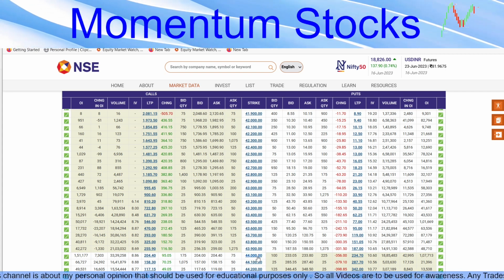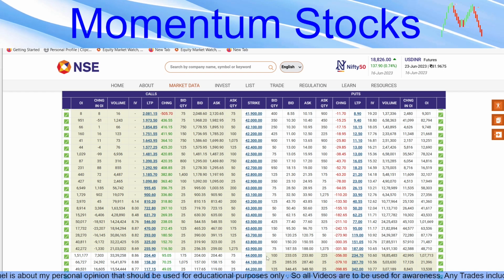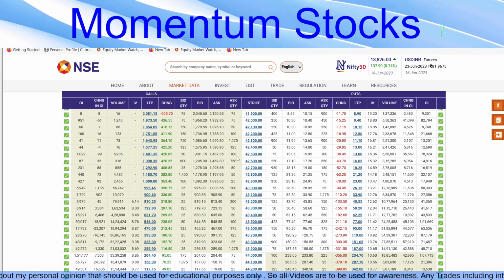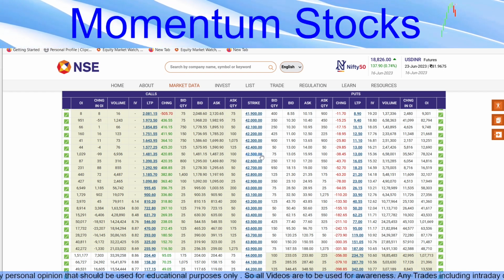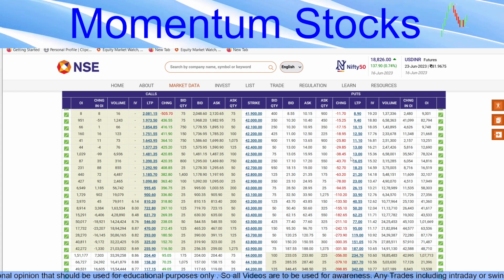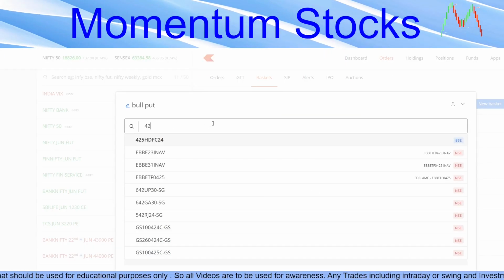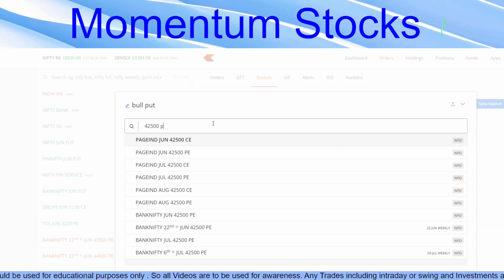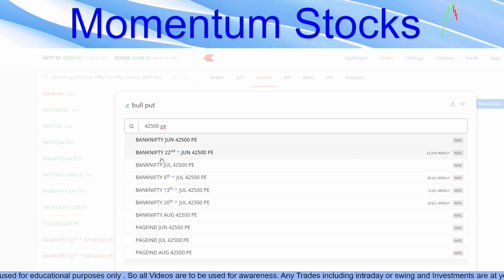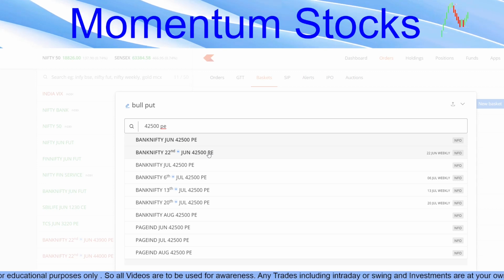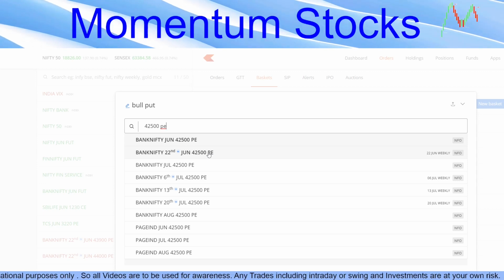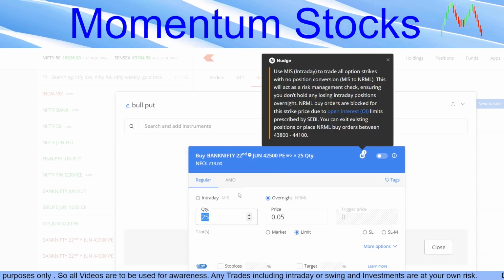At 44,000, 1,500 points less is 42,500. That put is what we are going to buy. That is running at 13 rupees. So 42,500 PE, for the 22nd July expiry, which is the next expiry. This is what we are going to buy.